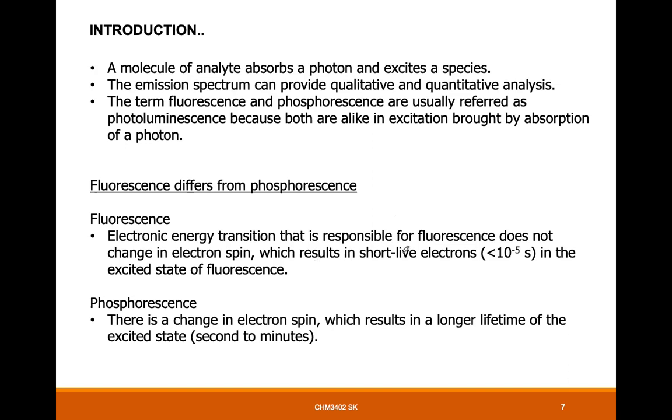So fluorescence is faster in terms of production, which results in short-lived electrons in the excited state. It means that you get fluorescence quite easily. Whereas for phosphorescence, there is a change in electron spin, which results in a longer lifetime of the excited state.